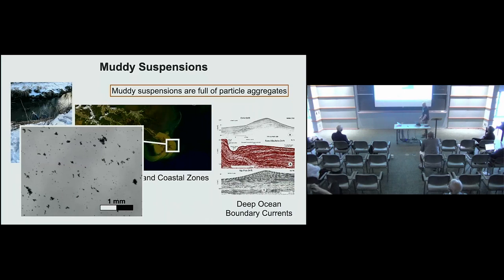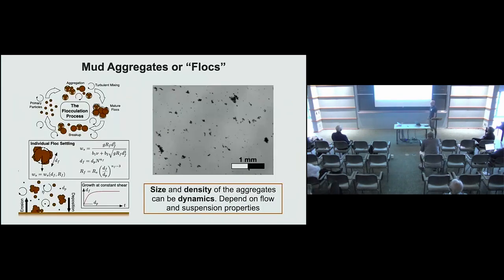One of the interesting things about these aggregates is that they can change in size and density. The particles can get bigger or smaller as part of what we call the flocculation process. In flocculation, you can have aggregation, which is particles coming together and sticking, so the aggregate can grow in size, or it can break up.